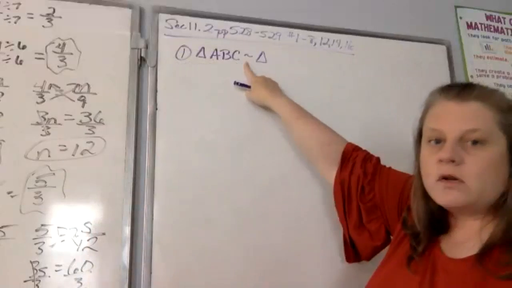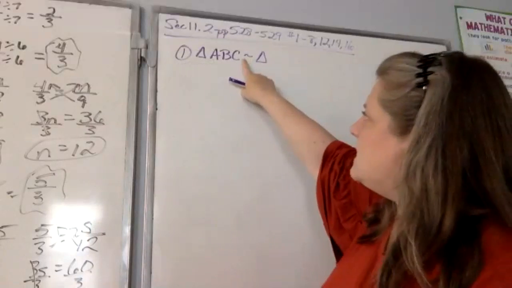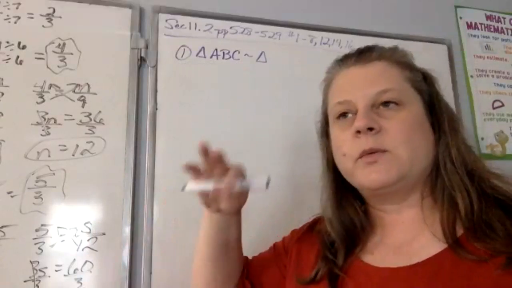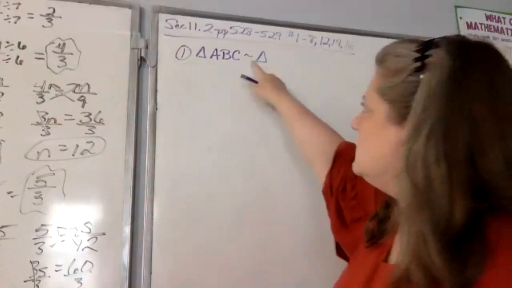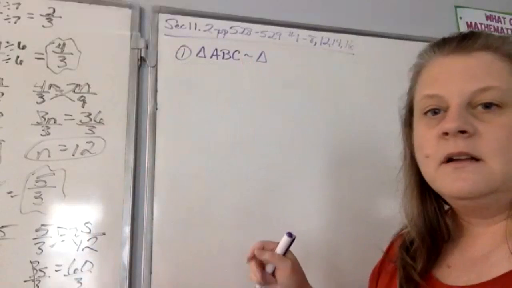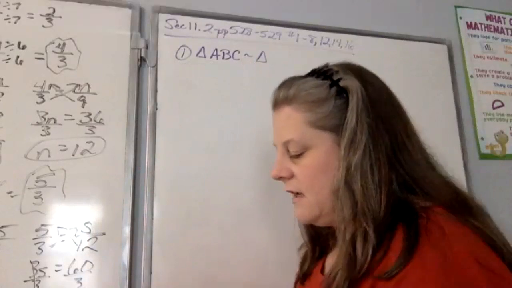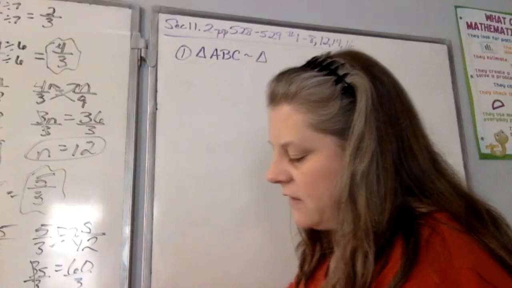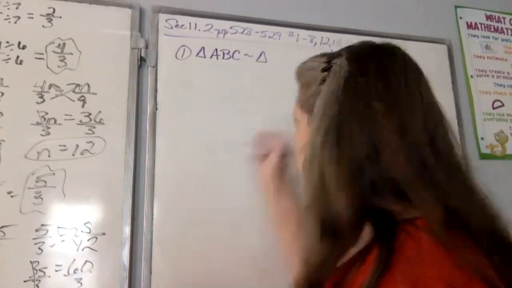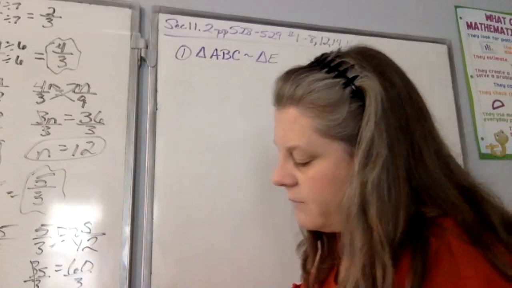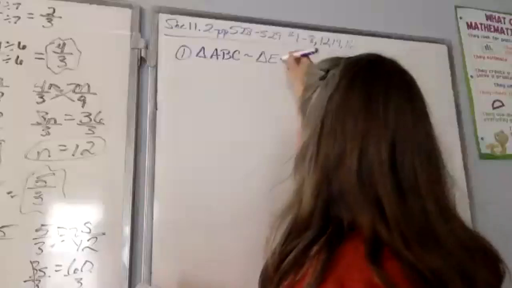Now you'll notice our symbol for similar is just the squiggly. Remember, for congruent, it was the equal sign with the squiggly over it. This doesn't have the equal sign, just the squiggle part. So A matches up with the angle that wasn't marked, which was E. B had 1 arc, so it matched up with F that had 1 mark.